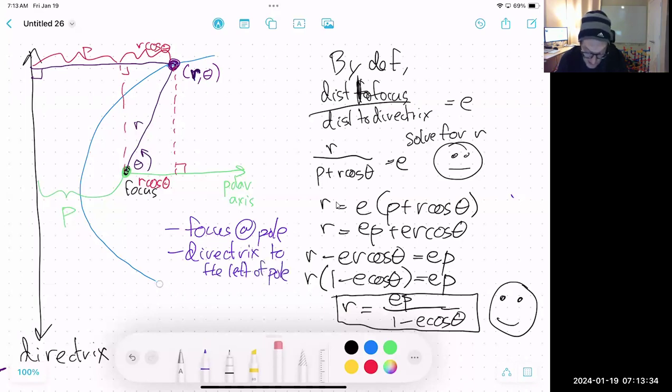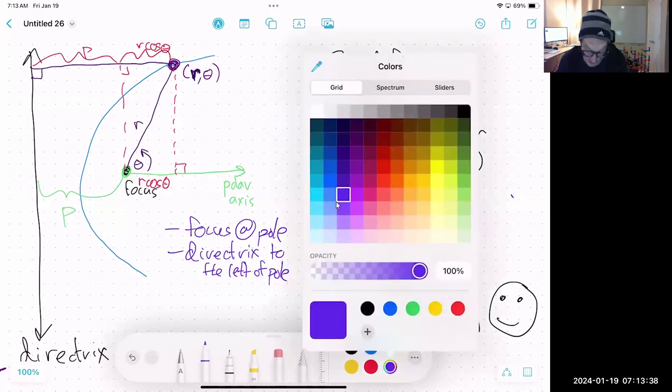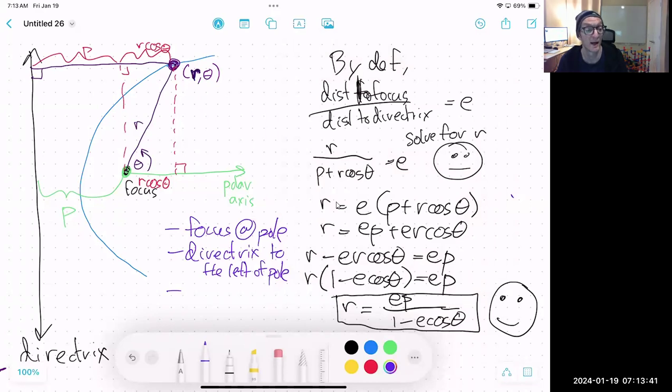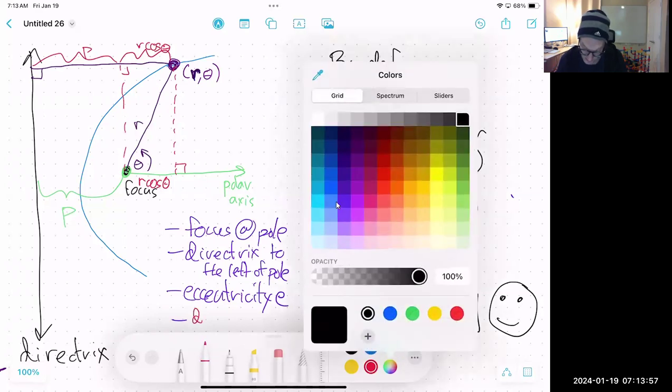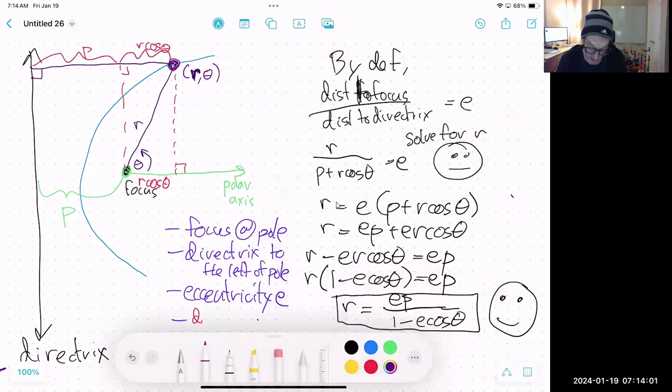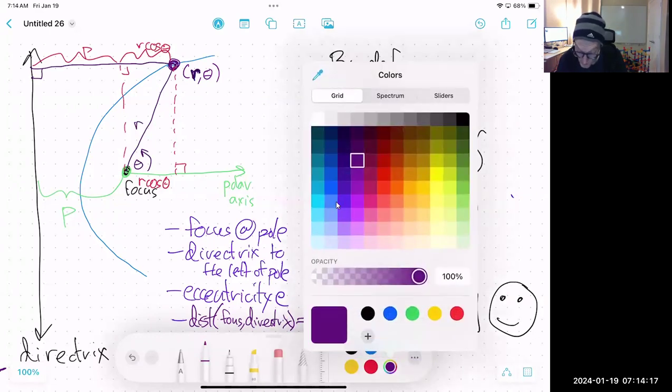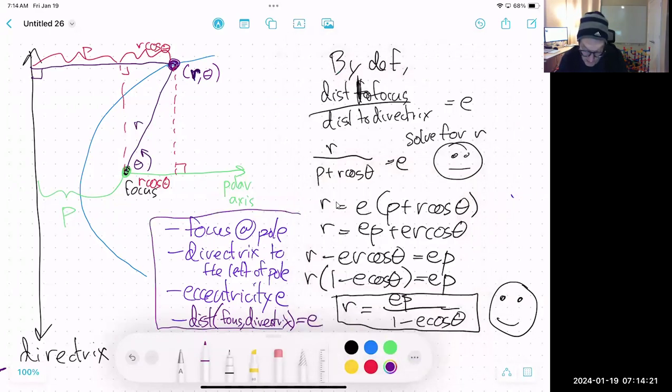Three, the eccentricity is E. And four, the distance between the focus and directrix is p.